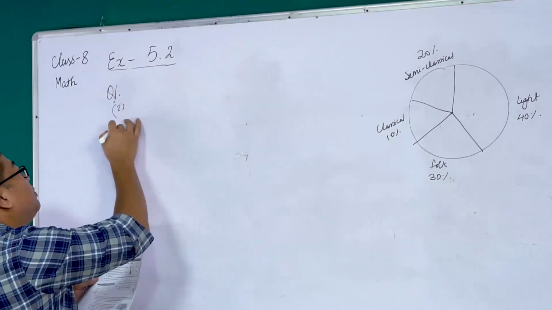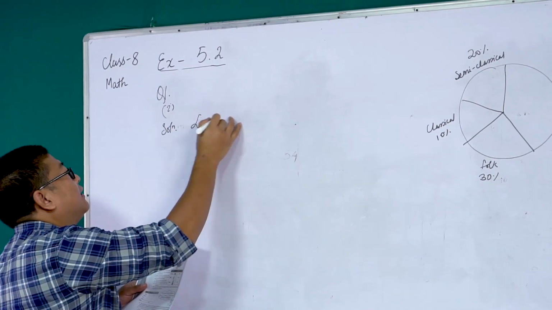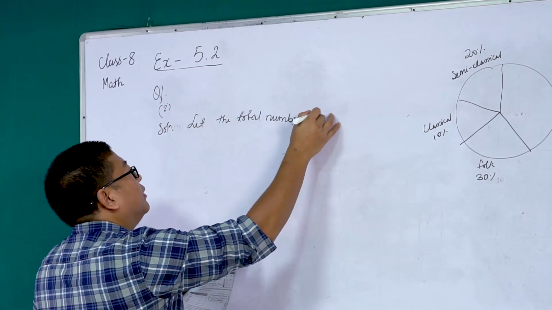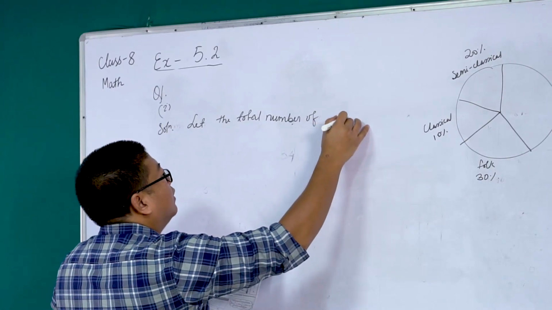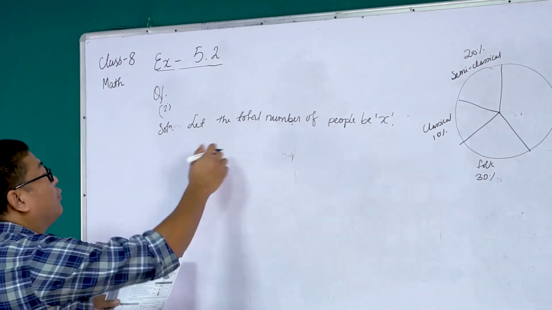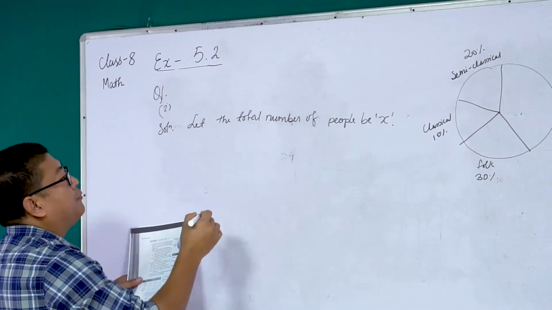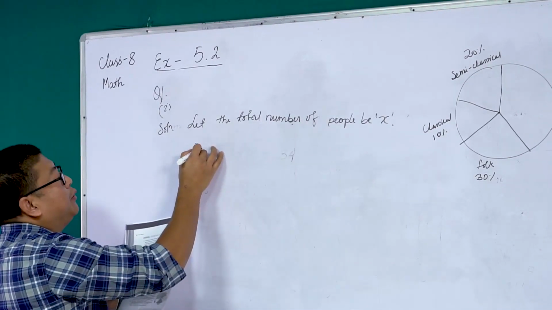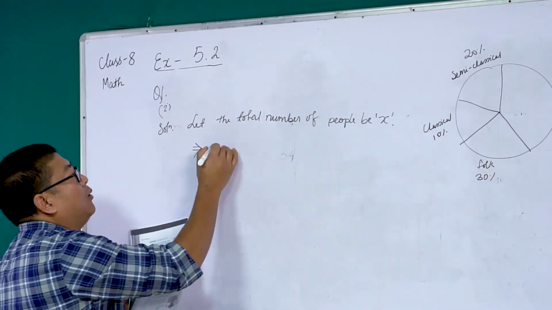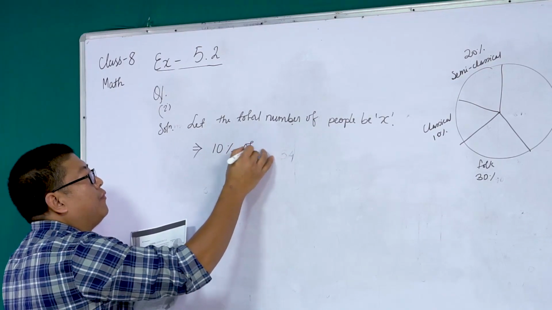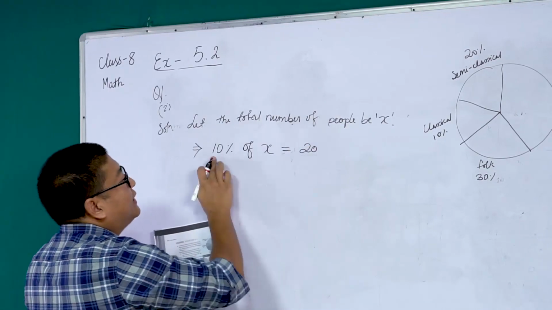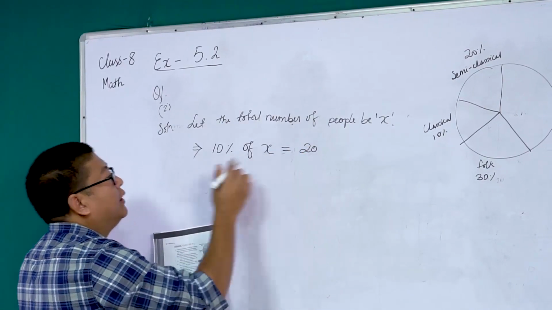To begin with, let the total number of people be X. To find X, we will use the given hint here: this 10% represents 20. So 10% of X, the total people, represents 20.